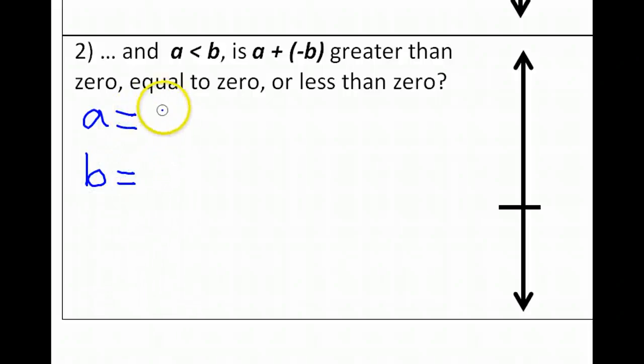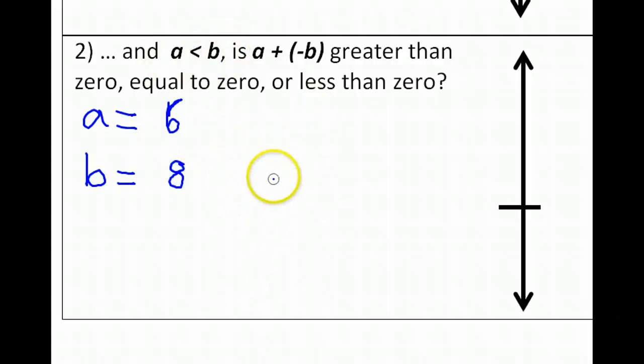If I pick, say, 6, that's a positive number. I have to choose a number for B that is larger than A, because that's the other condition I'm given. A is less than B, so I've got to choose something that's larger. So I'll just choose 8, because 8 is larger than 6.